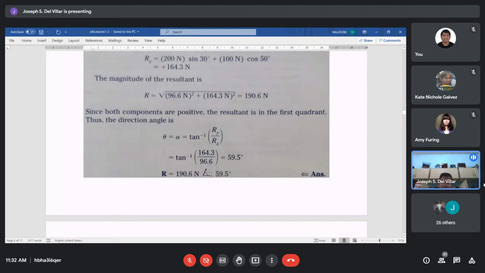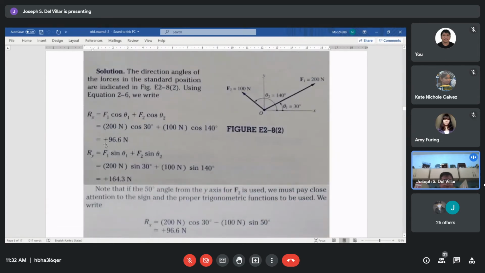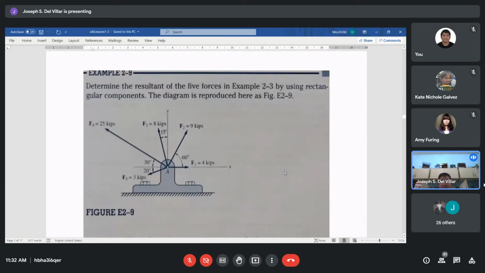As you can see, you have this. Huwag na itong gamitin natin, no? We simply write 190.6 newtons, 59.5 degrees above the positive x-axis. Paano natin nasabing above the positive x? Because of these signs na both are positive. Okay? Any questions so far?